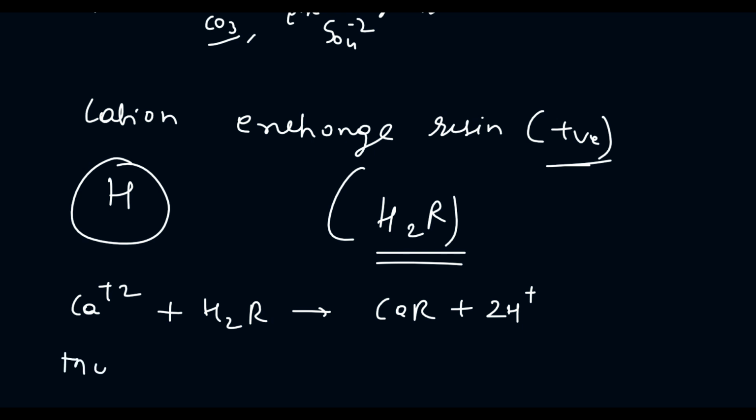If there is Mg+2 plus H2R, then it gives MgR plus 2H+ ions. So it is absorbing Ca+2 and giving us the same number of hydrogen ions in the cation exchange resin.